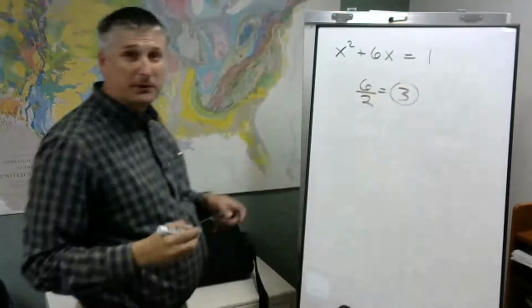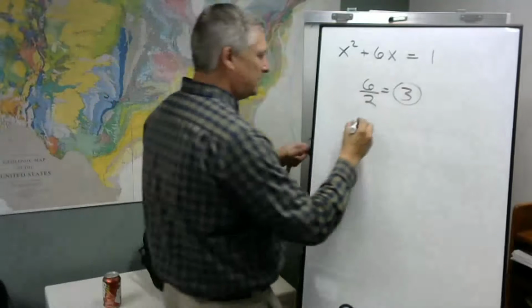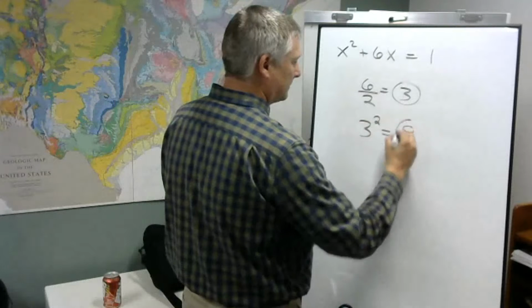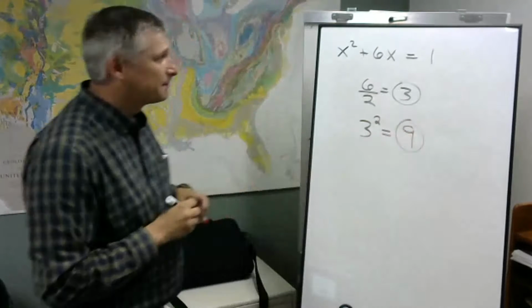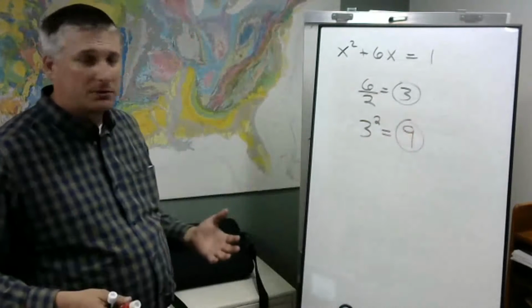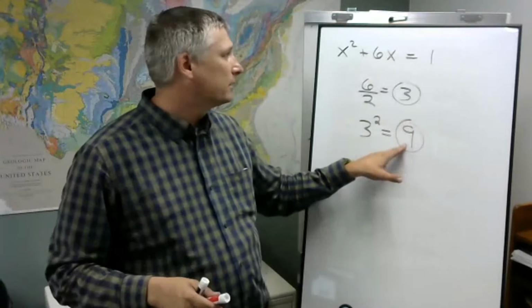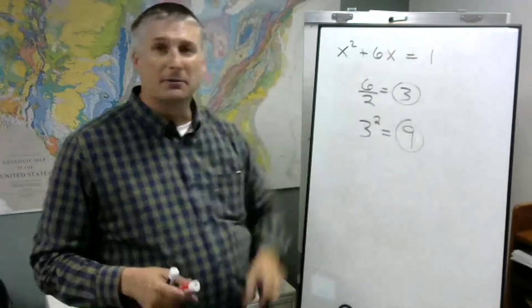That's our first critical number. Then we take that critical number and square it to get our second critical number. So this is what we're going to do: to make this trick work, add the second critical number to both sides.